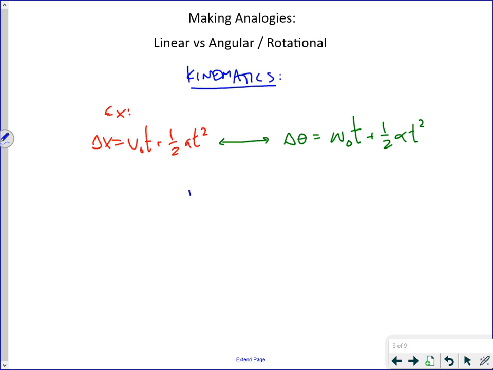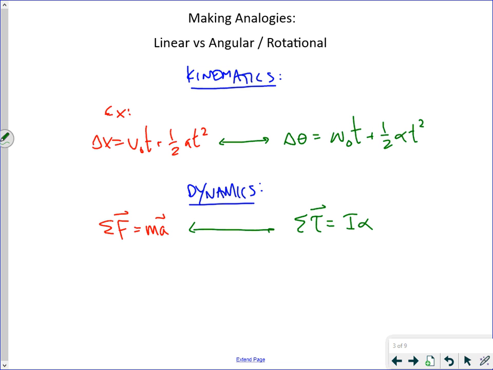When we look at dynamics, things having to do with forces, the most basic linear statement says net F is m a. In an angular context, we'd say net torque is I alpha.